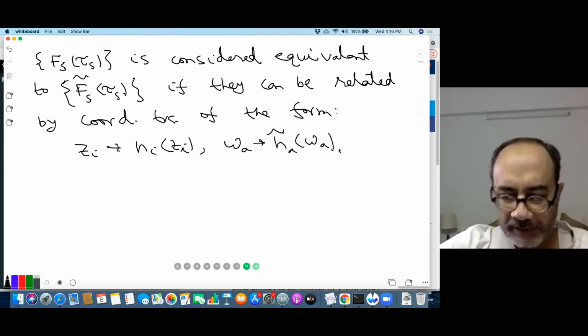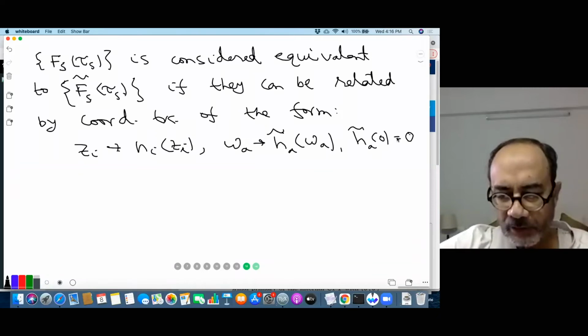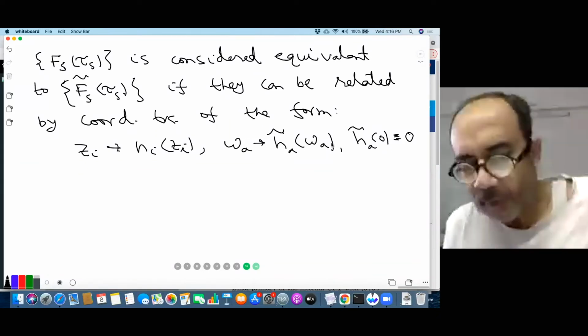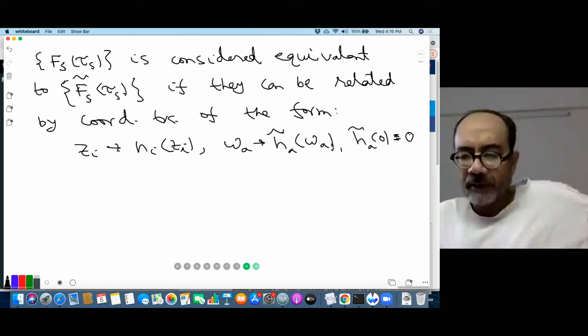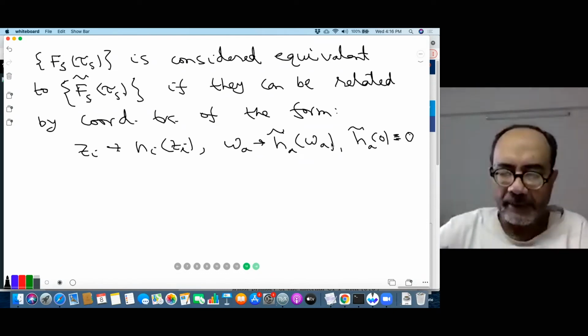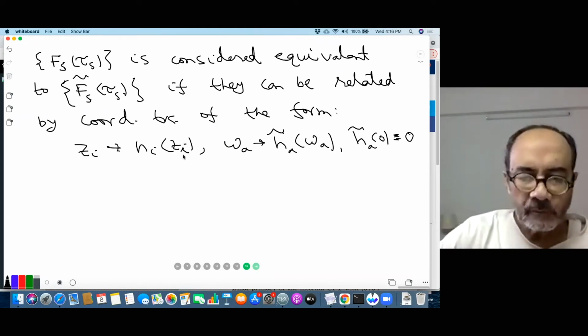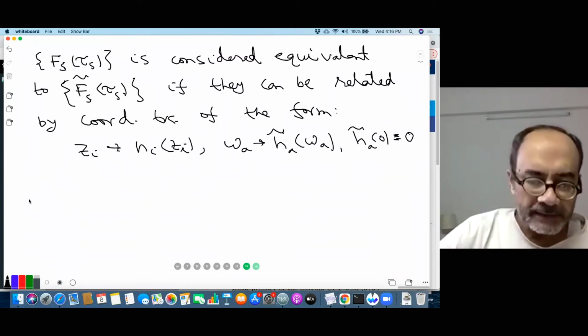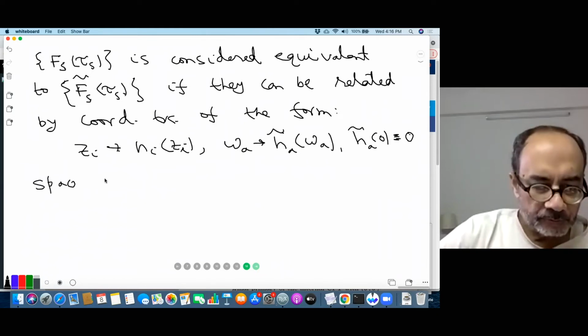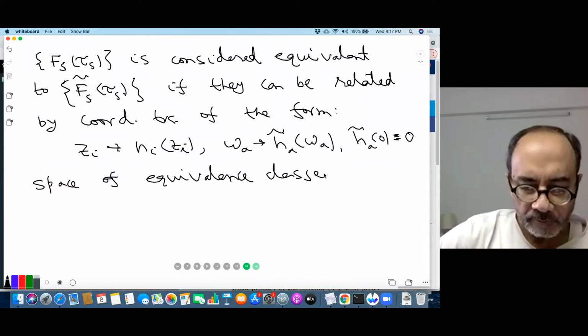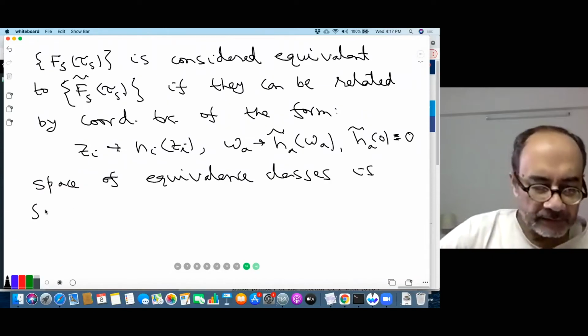But we impose the condition that h tilde of 0 is 0, which means that these transformations do not change the location of the puncture. The puncture is kept at the origin in the new W coordinate system. So this defines an equivalence class. The space of equivalence classes is finite dimensional.